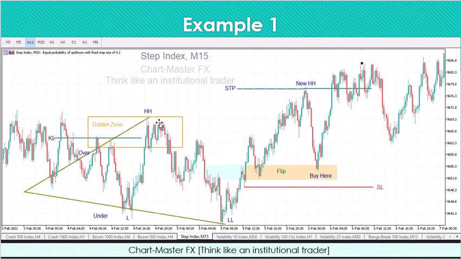Then you can see that this higher high was actually engulfed, and the price was able to form a new higher high. So if you were trading the over under setup, you'd realize that this decision point is actually inside the golden zone, so it's more valid.